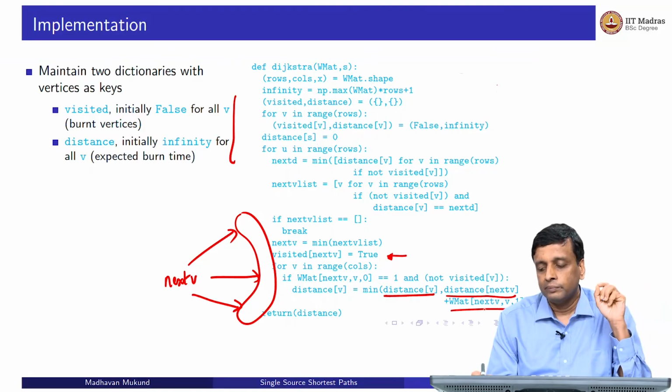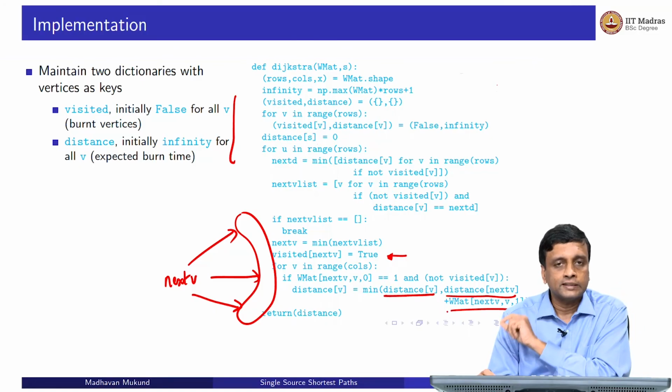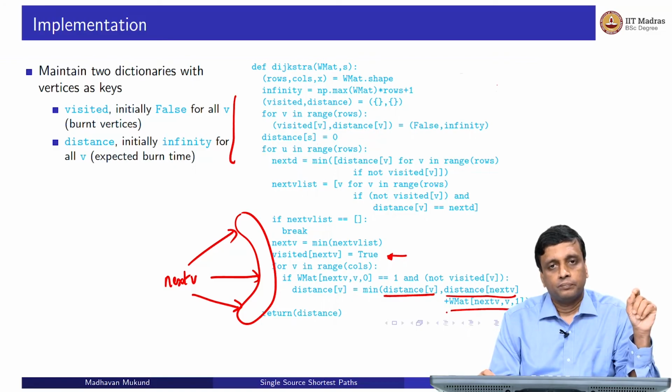The edge weight, remember, is I j comma 1. So, this is just saying that for each vertex update its distance to be either the current distance or the distance from the vertex I just burnt plus 1.